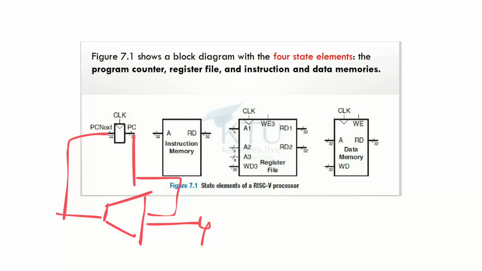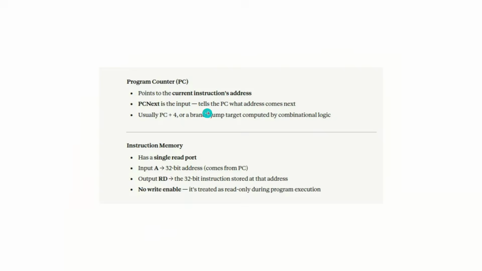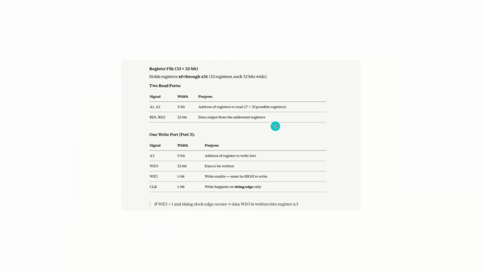So here you have A1 and A2, which contain the addresses of the registers, and their values come through the read ports RD1 and RD2. RD1 and RD2 read the data output from those address registers. Now A3 means: if I want to write anything to a register, which register I want to write is A3, and WD3 is the data I have to write there. These addresses are 5-bit. RD1, RD2 and WD3 are all 32-bit.